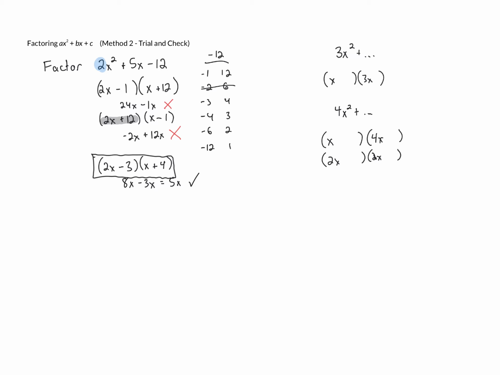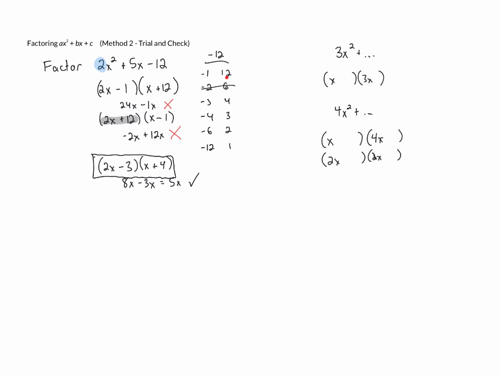One more strategy that people often use is looking at how big the coefficient is on the middle term. Here, 5 is not very big compared to this negative 12. So when we've got smaller coefficients in the middle, we often want to pick smaller numbers. If we were to have a very large coefficient in the middle, we'd probably want to pick a pair that has a larger number.